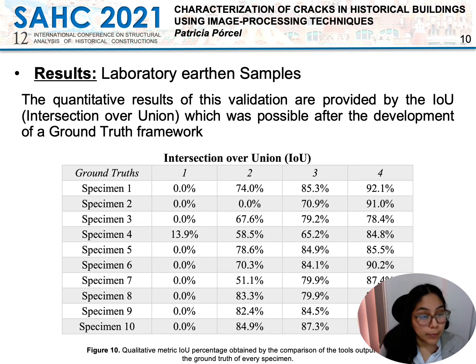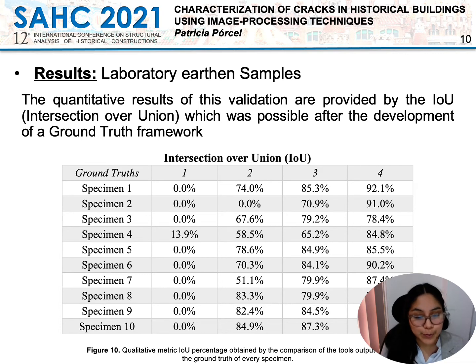So we can also see in this figure, in figure 10, that, for example, for the first frame, where there should not be any cracks, in specimen 4, we see a percentage. This means that in this specific specimen frame, we did have an initial crack.